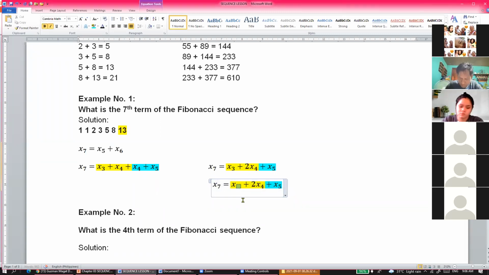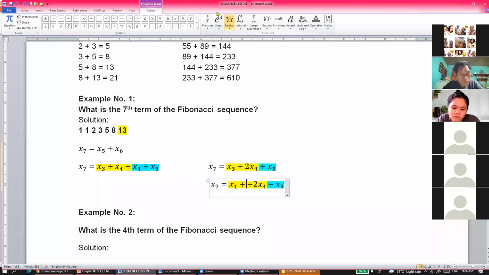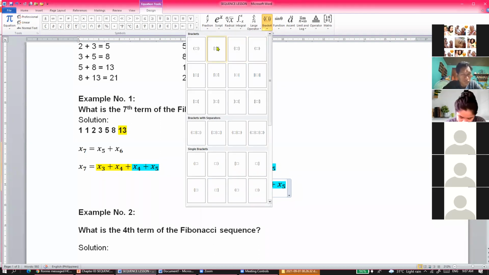Dito, x sub 1 plus, so type ako ng x sub 2. Yan. And then sa x sub 4 naman, syempre, delete ko muna yan. Type ako ng bracket.